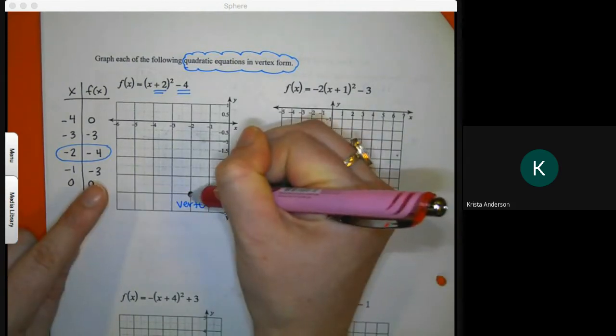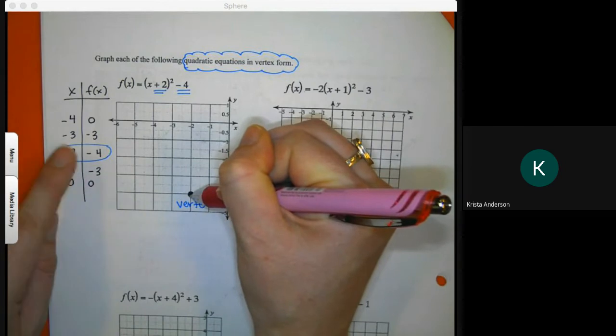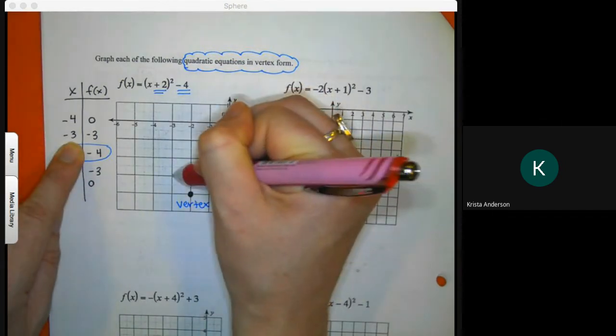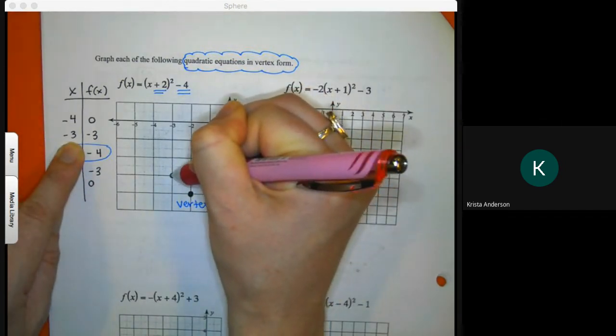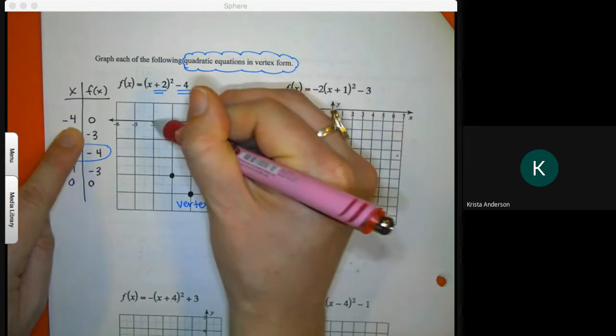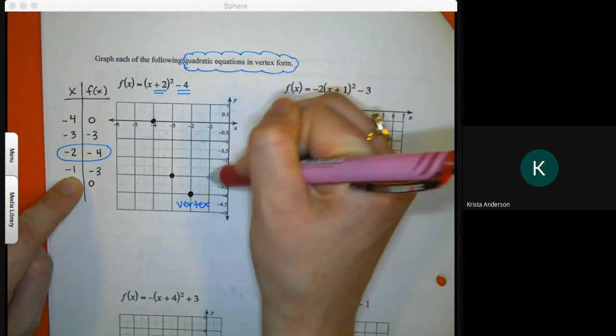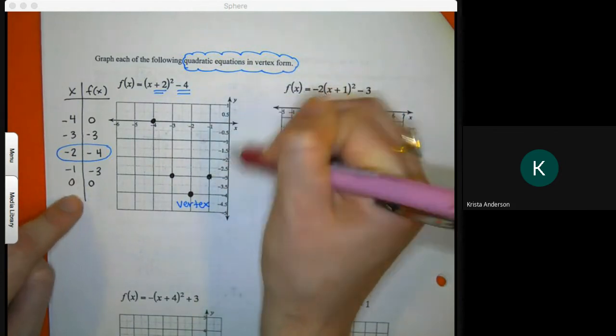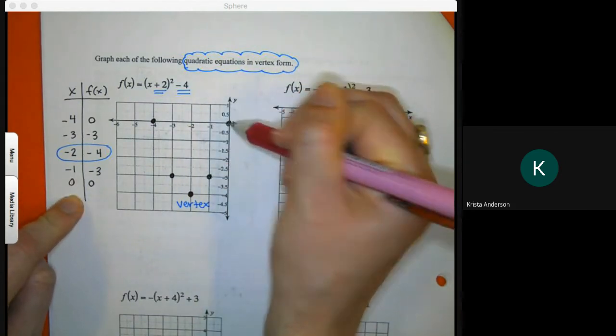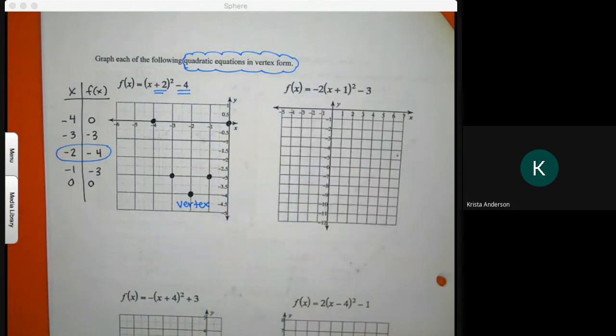So I have a point clicked here. I'm going to put a point and click it here. Then I'm going to click here. -1 down 3. 0, 0. I have to place all 5 dots on my assignment.